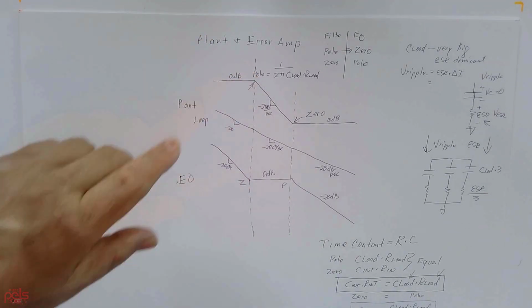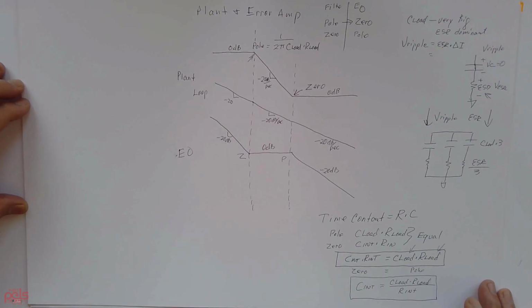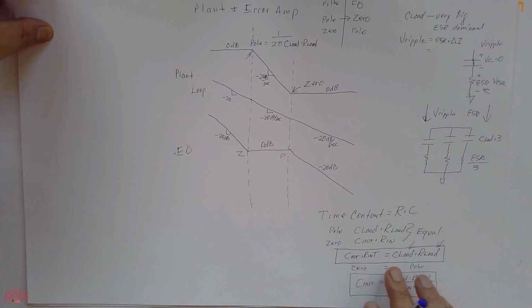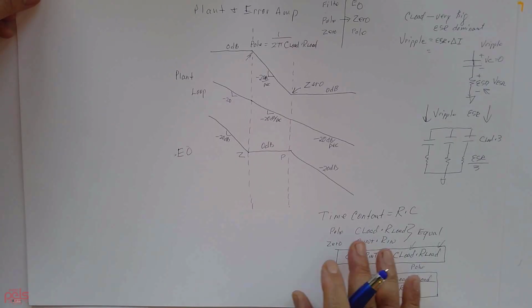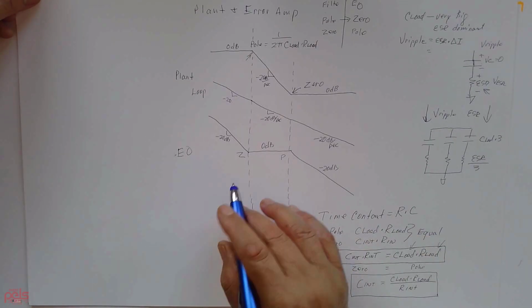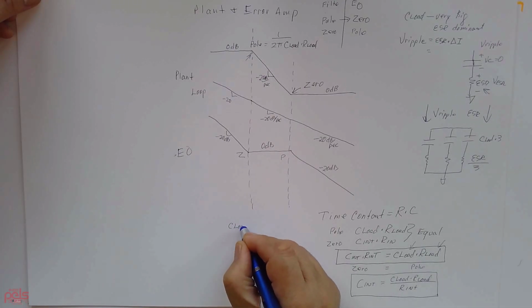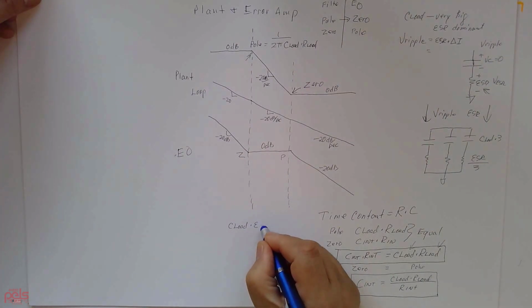Okay, hopefully these are the equations. Now we do the same thing for that zero, and that's going to be C load times the ESR.